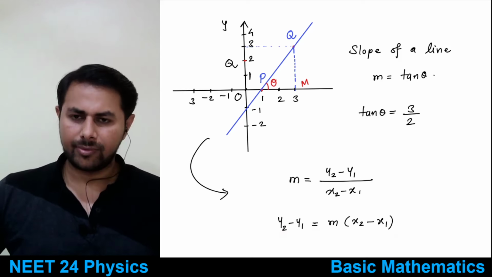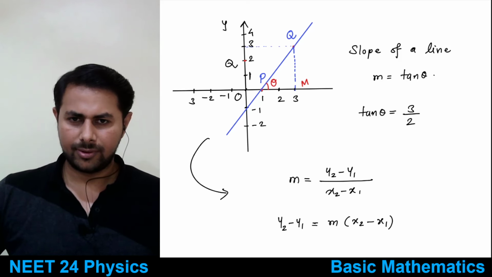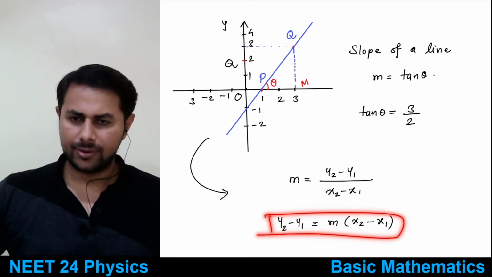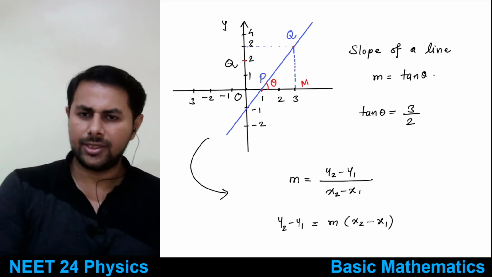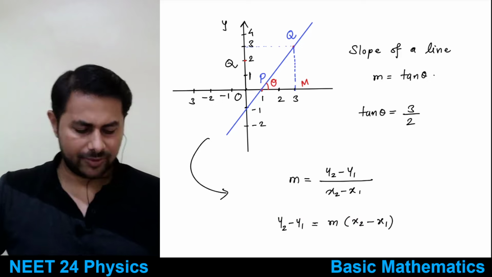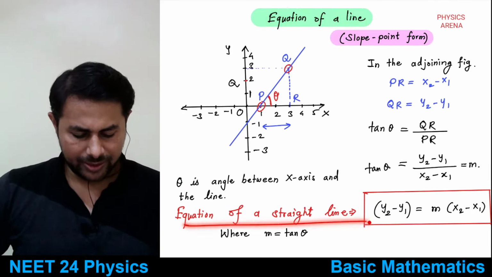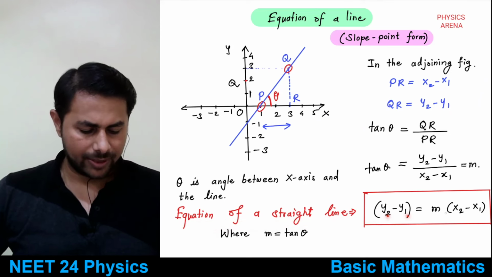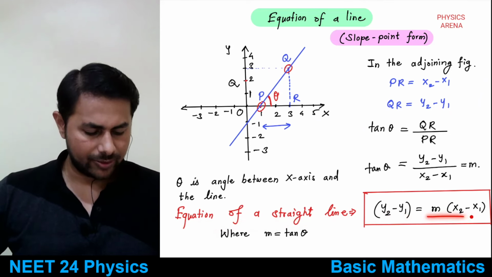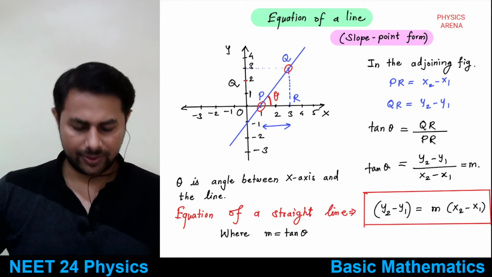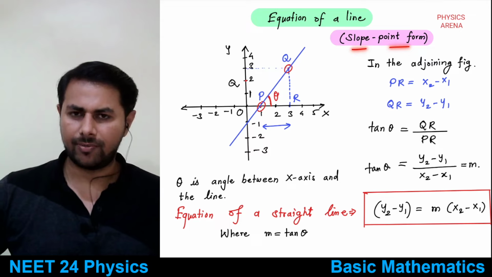Is this clear, everyone? So the equation of a straight line is given by y2 minus y1 equal to m multiplied by x2 minus x1. This is one form, known as slope point form.